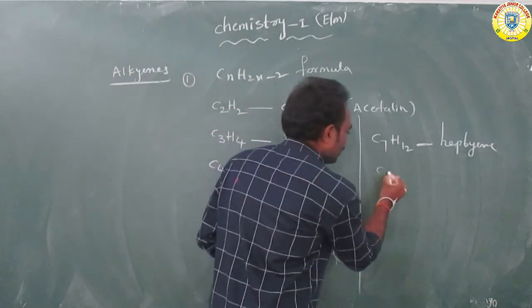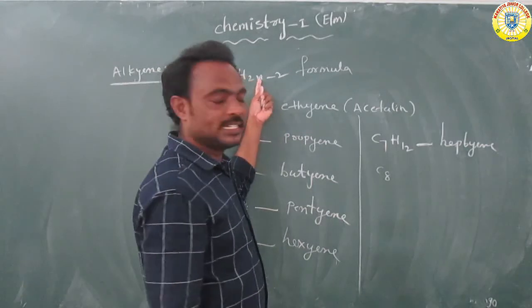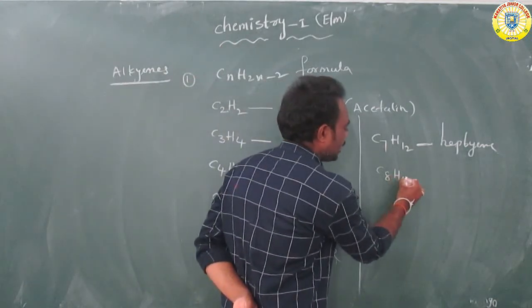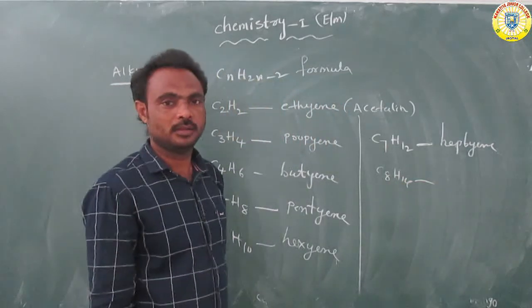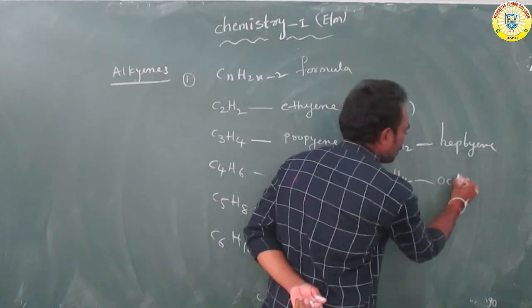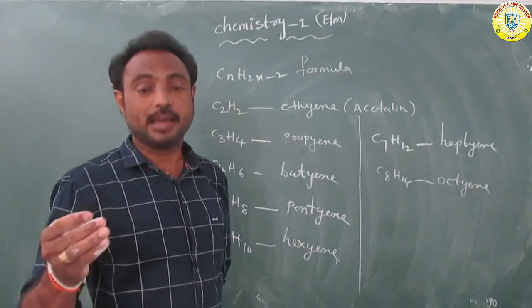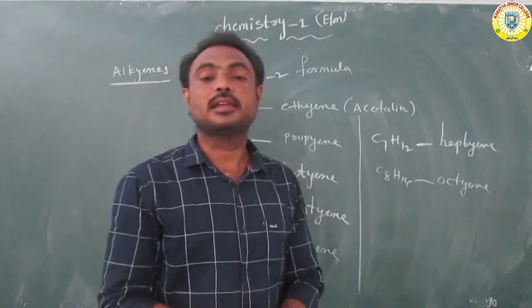Suppose C8: 2 times 8 is 16, minus 2, so we write 14. C8H14, so we call it octyne. They are all examples of alkynes.